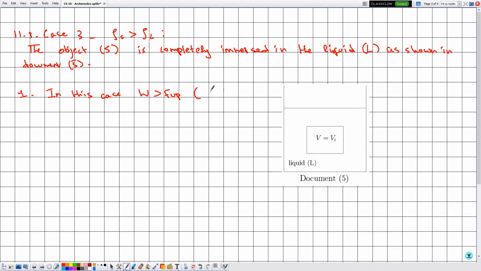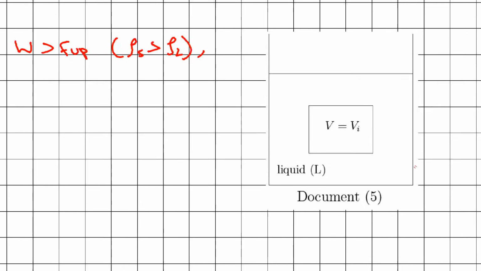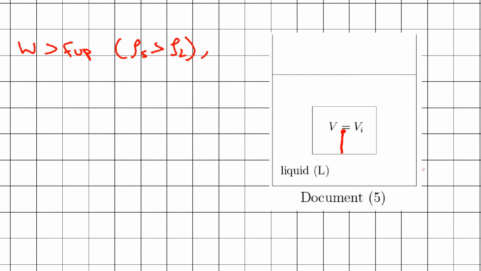Why? Because the density of the solid is greater than the density of the liquid. When the density of the solid is greater than the density of the liquid, we have that the weight is greater than F upthrust. The weight is acting vertically downward, and F upthrust is acting vertically upward.